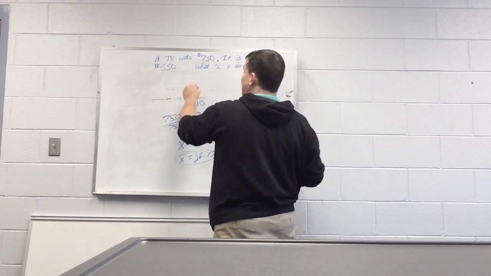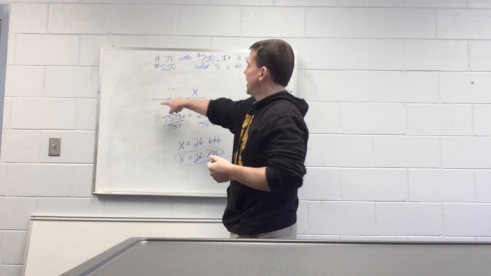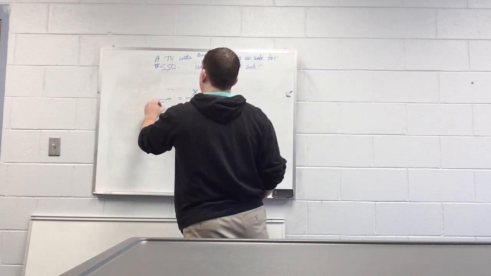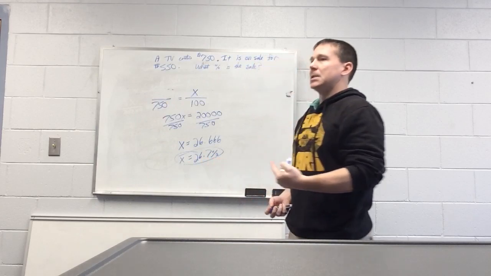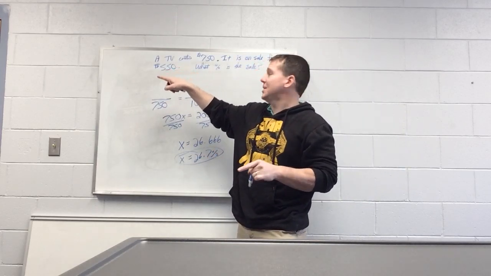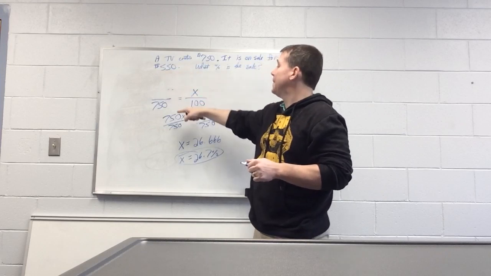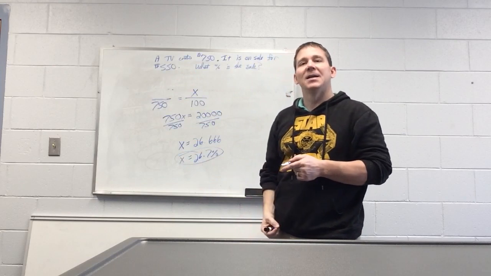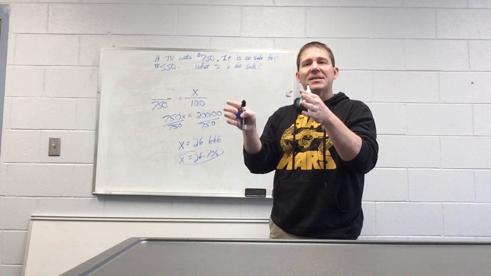I'm still looking for the percentage, that's X. This is still the original price, which is $750. But now this is slightly different, because if this says $550, that is not the percentage. That's the final price. The percentage is the difference, the change.